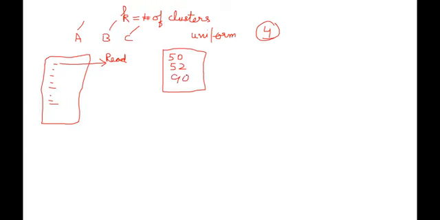Again, it can be in the same cluster because my criterion of having 4 is still satisfied. Now let's say the next student has marks 60. Again, the criterion is still satisfied. Now let's say I read another student with marks, let's say 51.